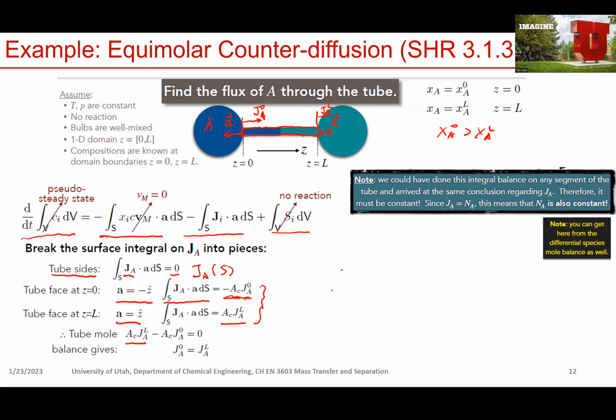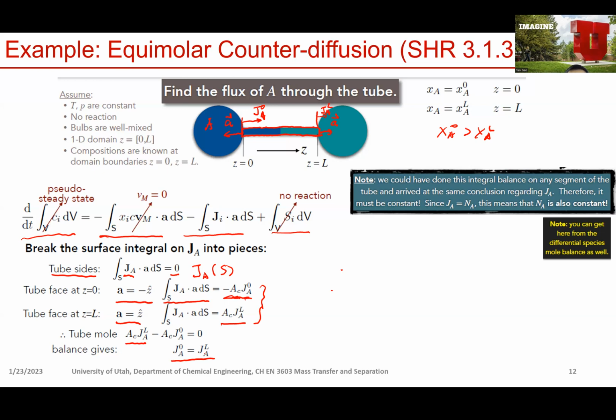Because the tube cross-sectional area does not change, it's a constant, we can just cross that out. That will give us JA naught equals JAL, which means that the flux entering the tube from the left bulb will be the flux on the right-hand side of the tube, leaving the tube and entering the bulb on the right.